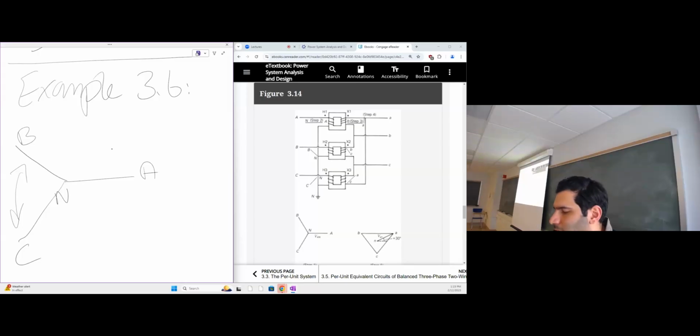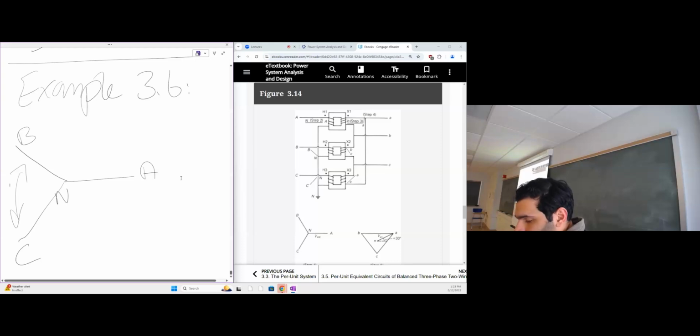So we do the same thing. We take those phasors up to the figure. We put AN there, BN, CN, and we put also the parallel lines from the other side, AN, BN, CN, but without naming them.